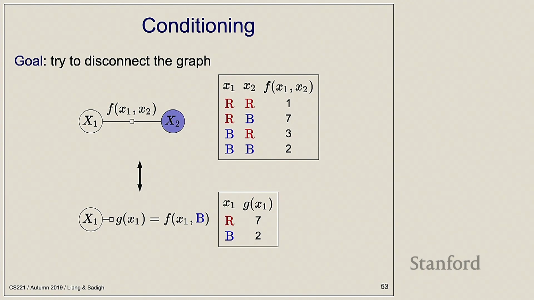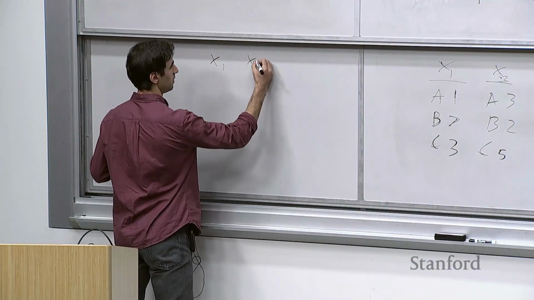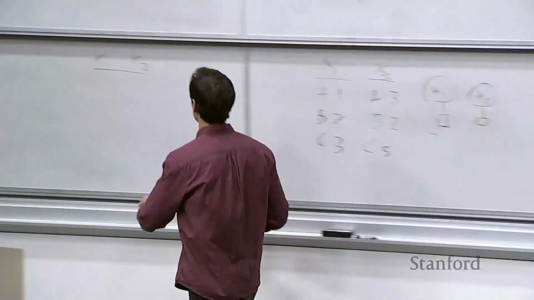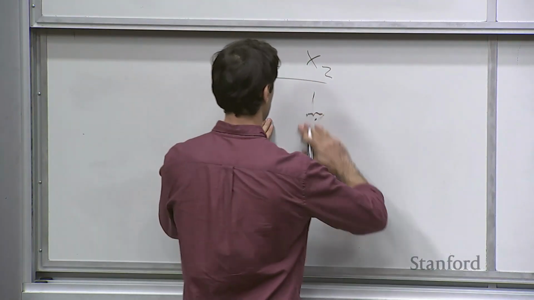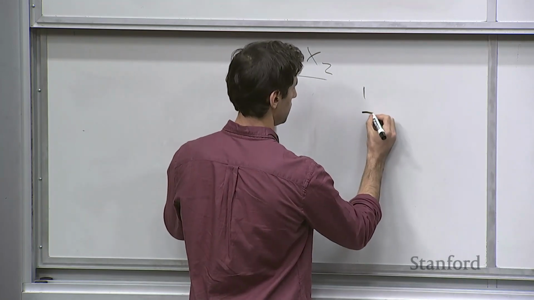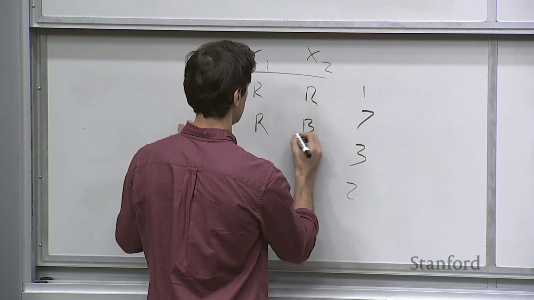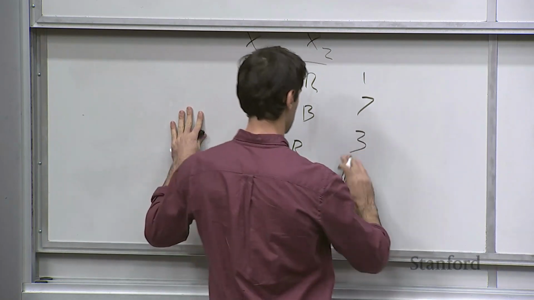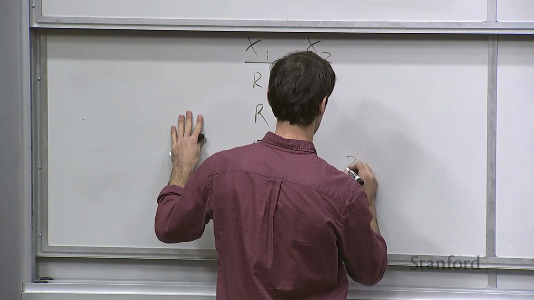We do that by saying, OK, in this example, let me draw it up. So there's x1 and x2, and then it's 1732, red, red, red, blue, blue, red, blue, blue, 2, 3, 7, 1.